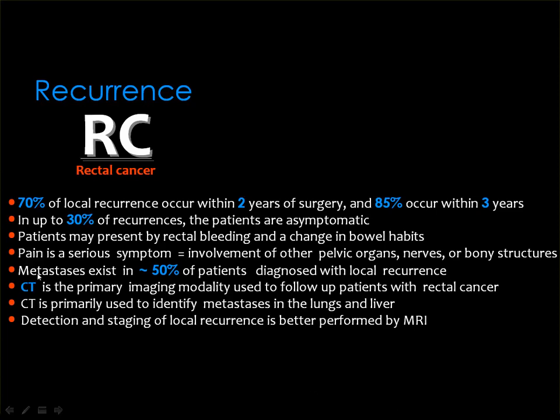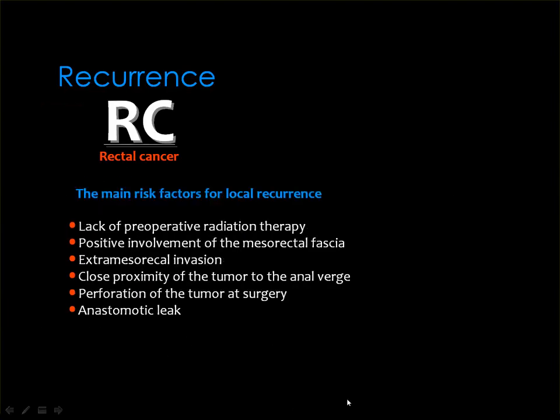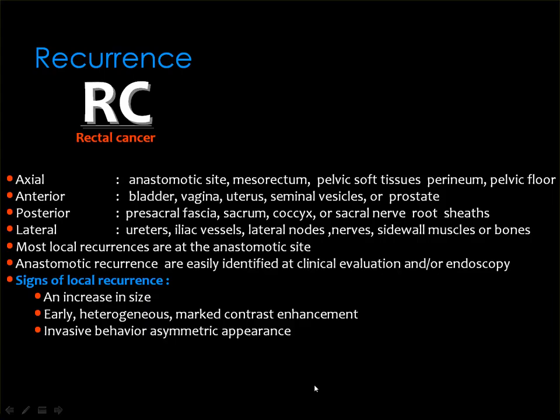And CT is the primary imaging modality for the diagnosis of distant metastases like the lung and liver, and MRI for local staging of recurrence. Then the main risk factors for local recurrence: number one, lack of preoperative radiation, positive involvement of the mesorectal fascia, extra mesorectal invasion, close proximity of the tumor to the anal verge, perforation of the tumor at surgery, and anastomotic leak.